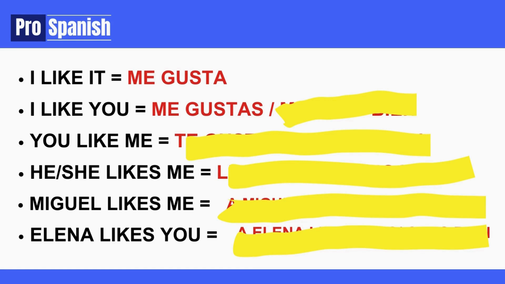So whenever it's I like, it's going to be me. So gustas, you're pleasing. Pleasing to me. Me gustas. And again, as gustar is referring to a person, it's like, to be into you. So I'm into you.